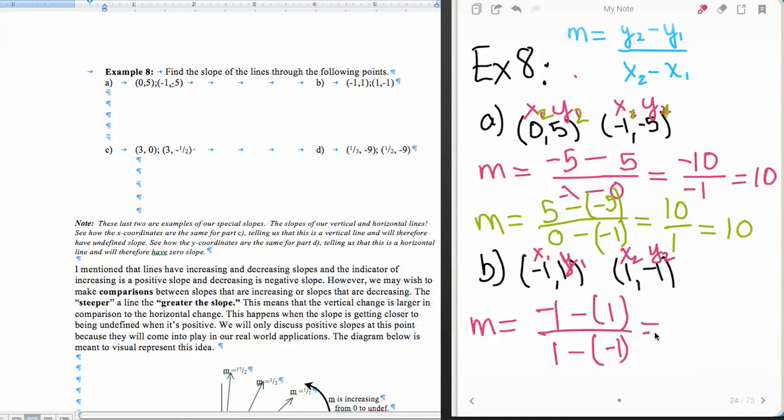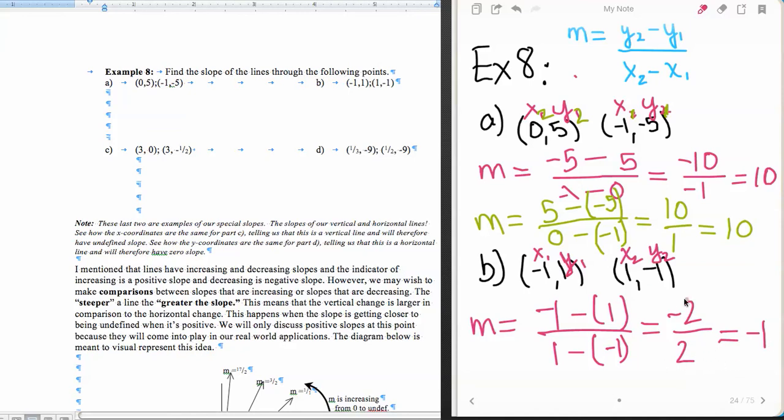So now I have -1 plus a -1, which is a -2, over 1 minus, or subtract a -1, which is 1 plus 1, which is +2. And so now I have a -2 over a +2, which simplifies down to a -1. And so now the slope is a -1.